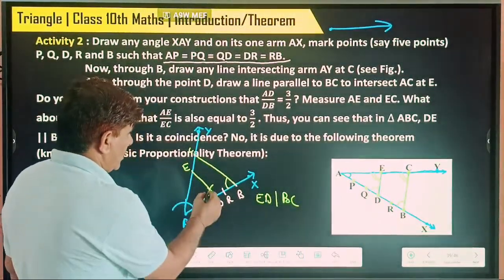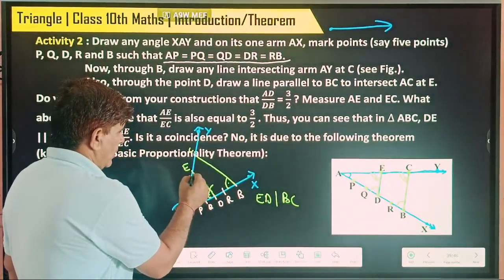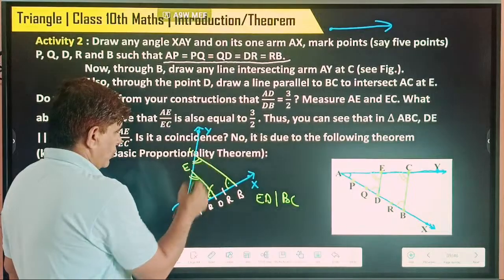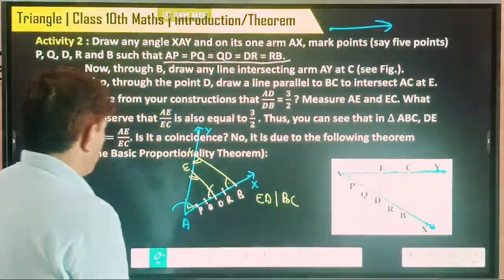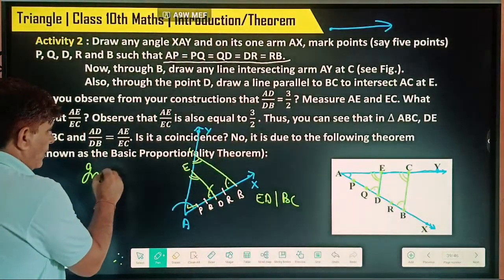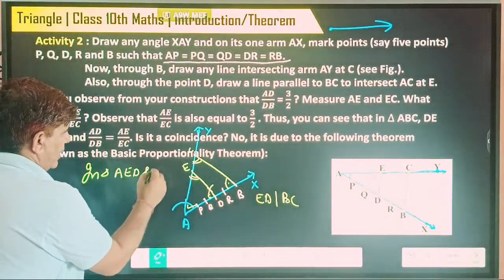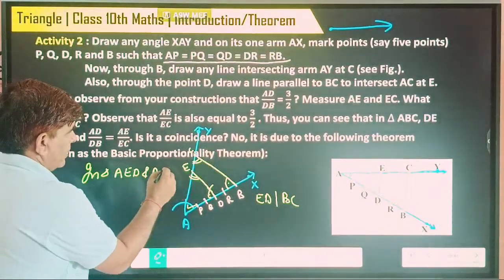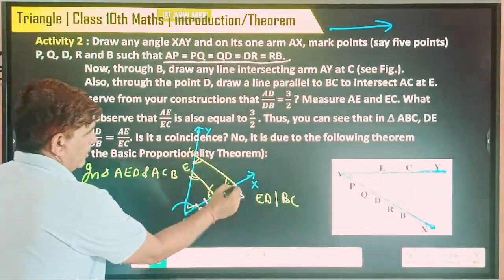So ED is parallel to BC. ED is parallel to BC, meaning this angle, by our construction, is equal to this angle. So this third angle automatically becomes equal. In which triangle? In triangle AED and triangle ACB.